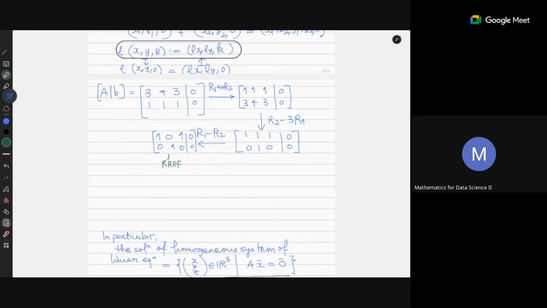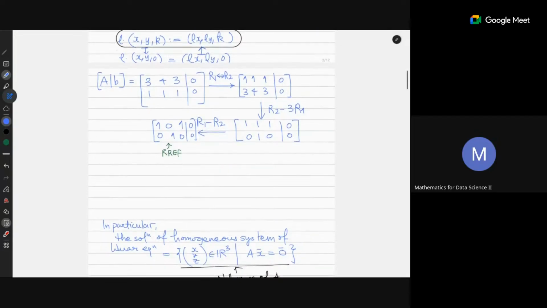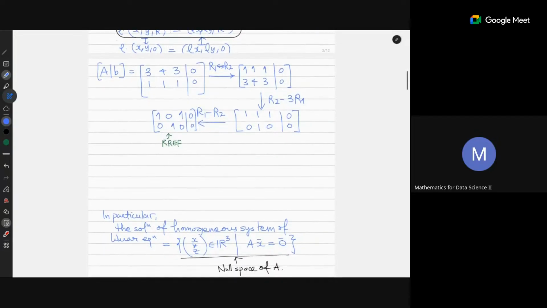Is this an RREF form? Yes. Good. Now, once we get the RREF form, what is the solution? Let me convert this back into a system of equations.